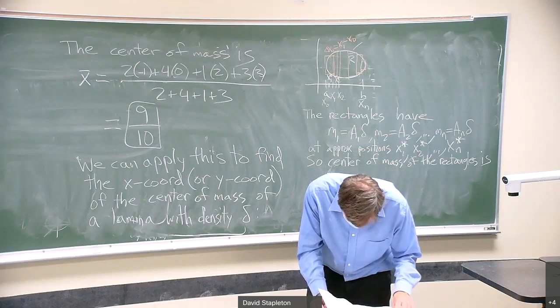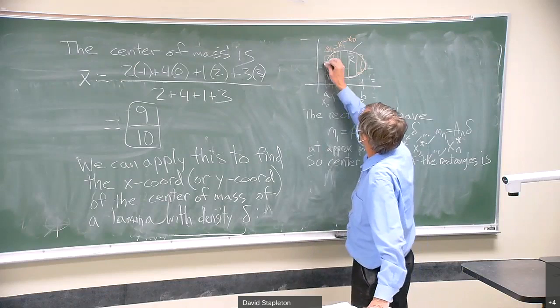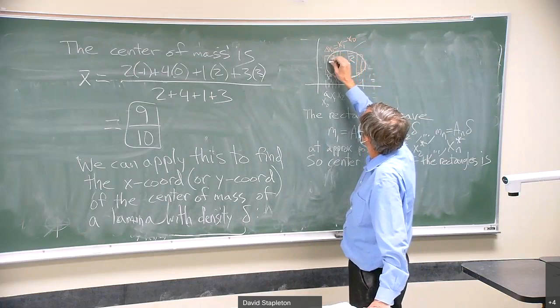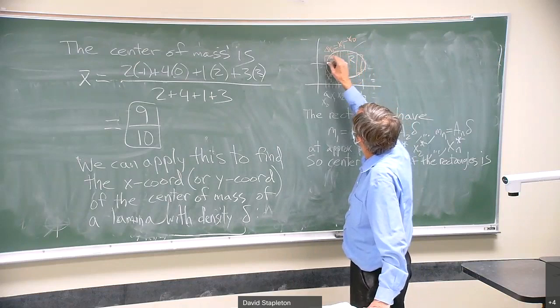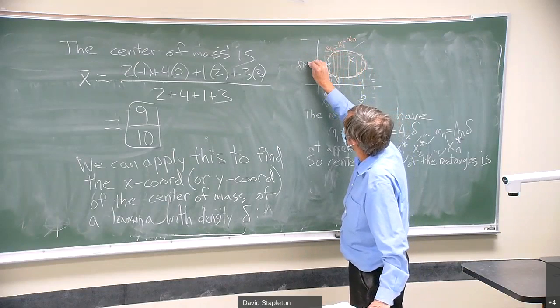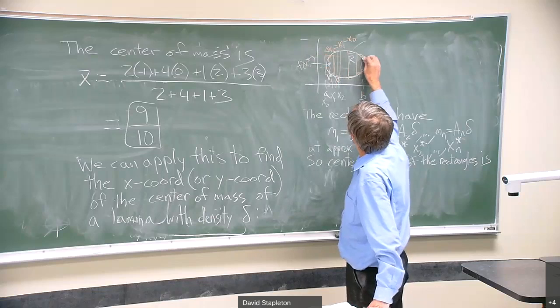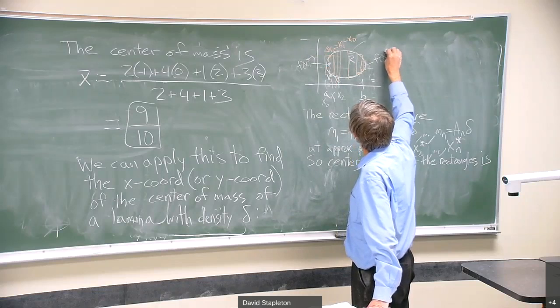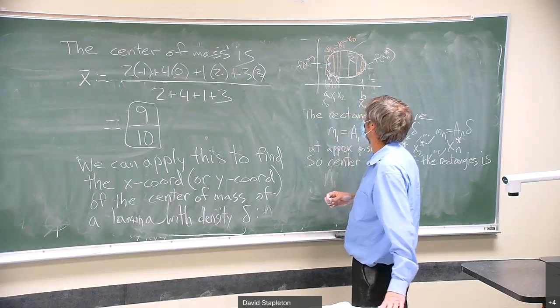So let's say that the height, the distance between the two curves, is f of x1 star. And the height of the last rectangle is f of xn star.